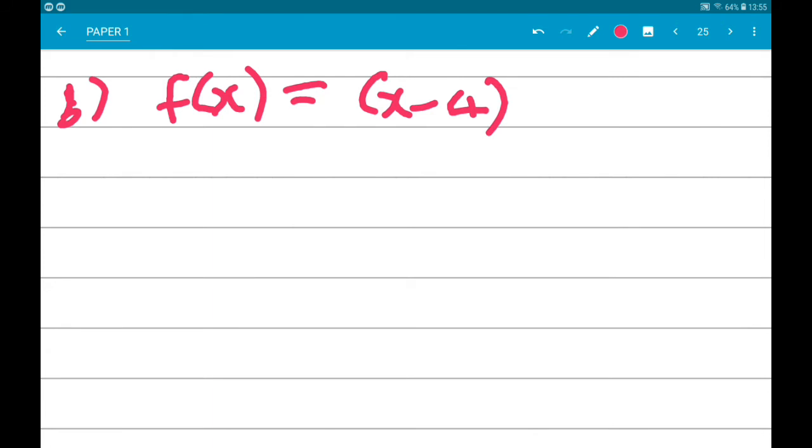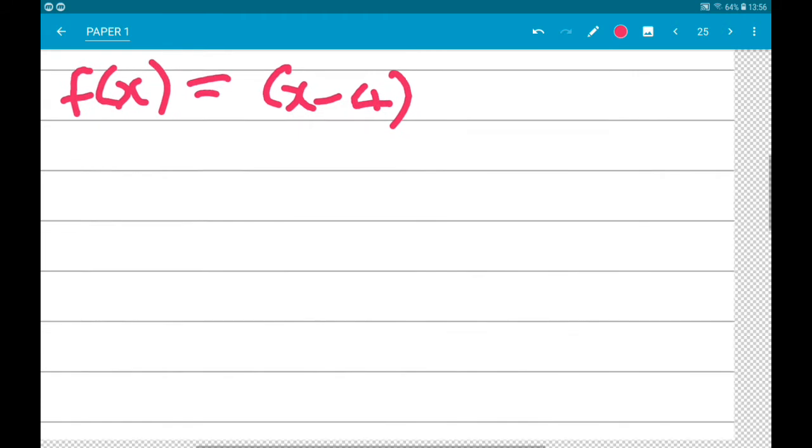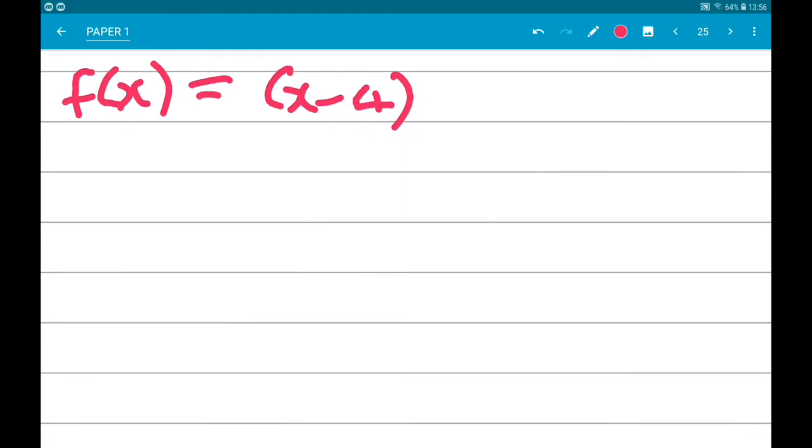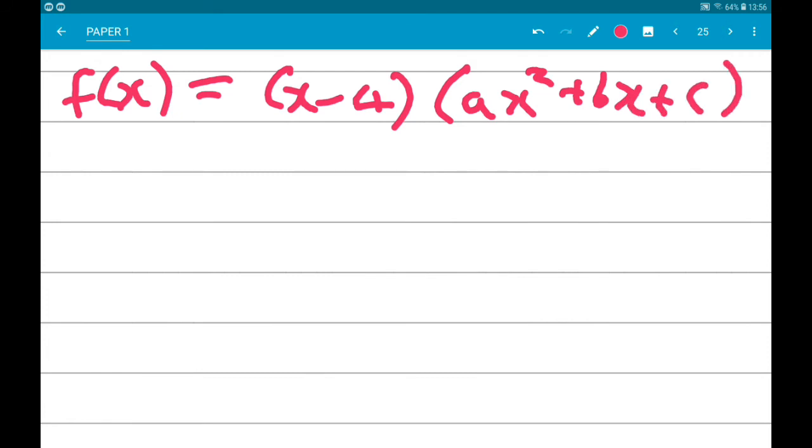Now our quadratic, for now, let's just say is ax squared add bx add c. Now a we can get easily, because we know that x times ax squared has to be 2x cubed.